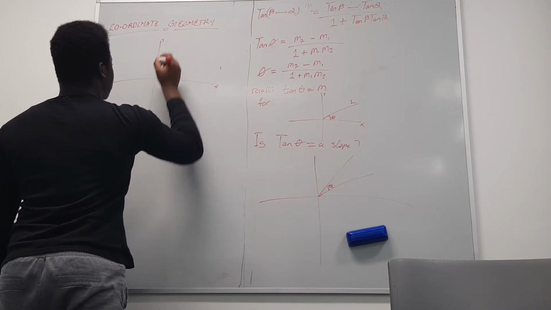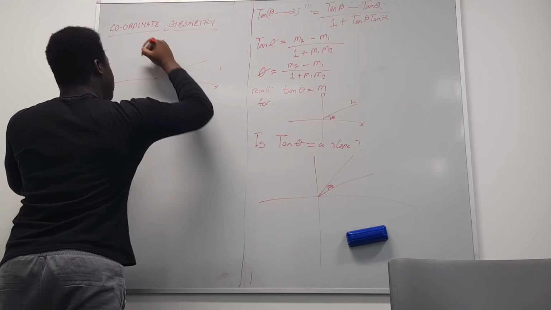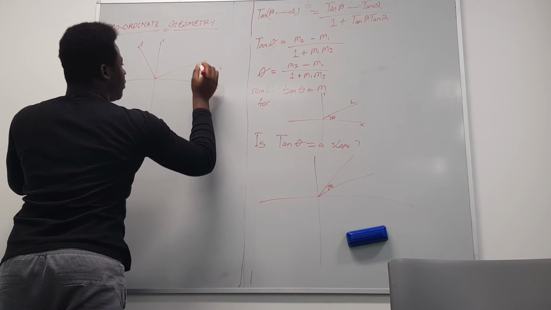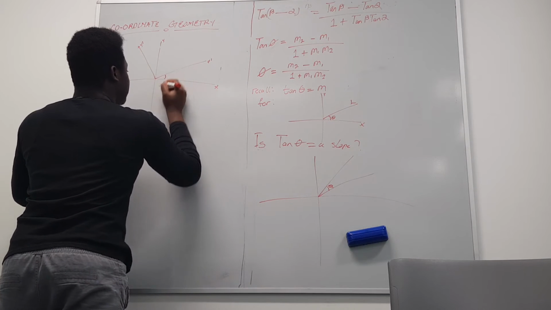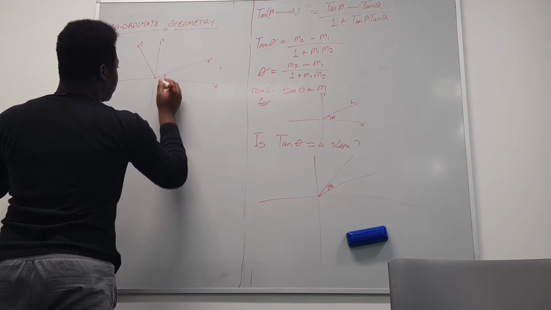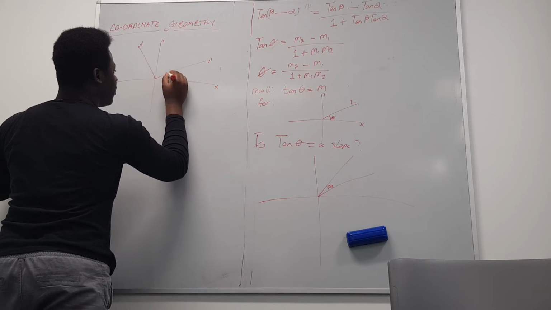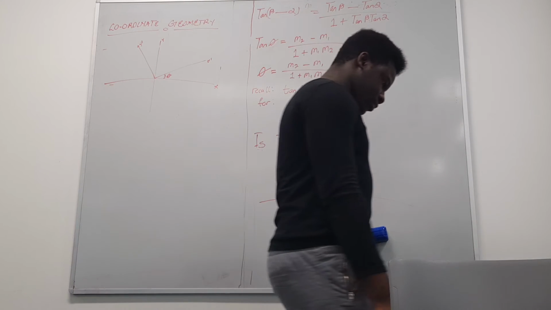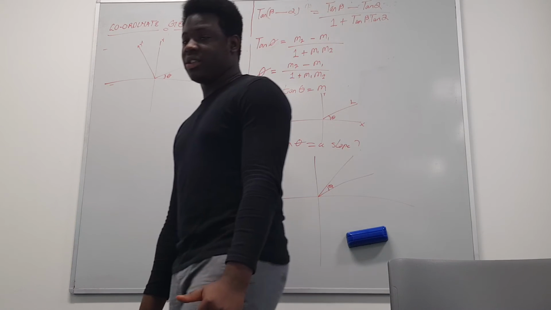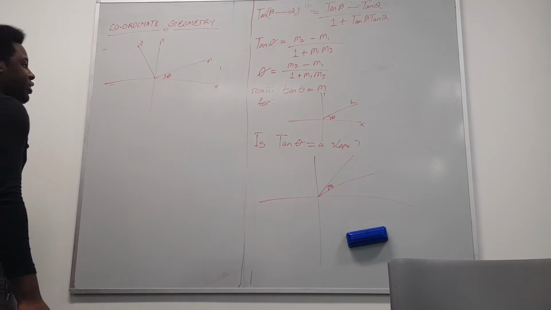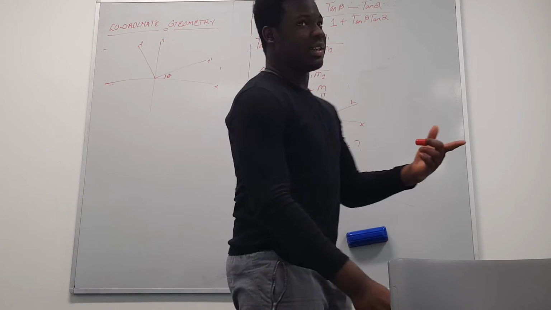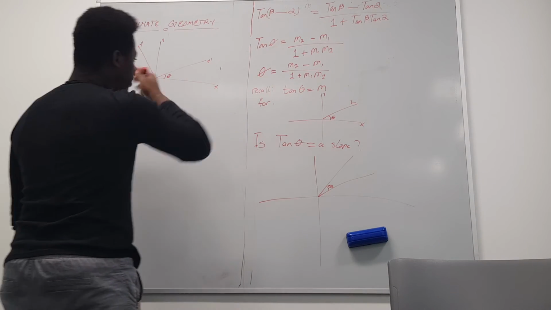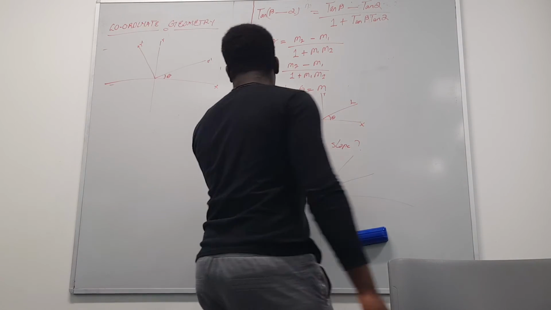And we have another coordinate system, x prime and y prime, and they differ by some angle theta. Now we want to do some coordinate system transformations.